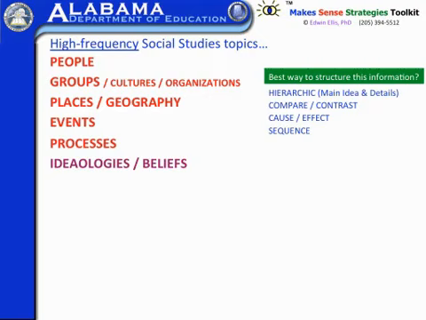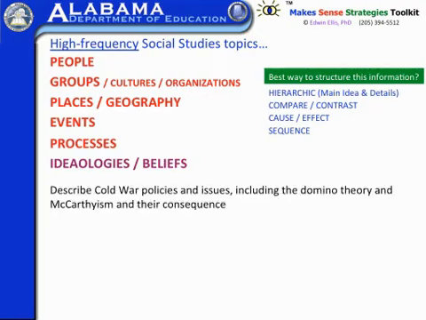Another major high-frequency topic, we teach a lot about ideology and beliefs. For an example, describe the Cold War policies and issues, including the domino theory and McCarthyism and their consequences. Well, McCarthyism was an ideology, or all about a set of beliefs. The Cold War, the reason why we have the Cold War, was all about a conflict in various ideologies or beliefs and so forth.